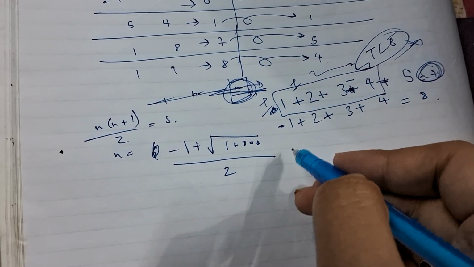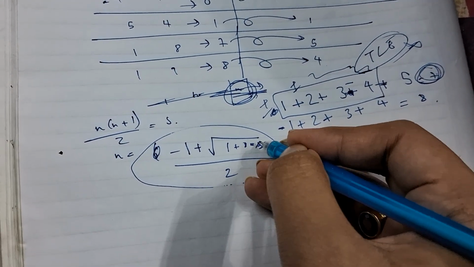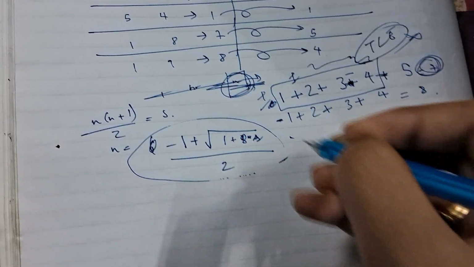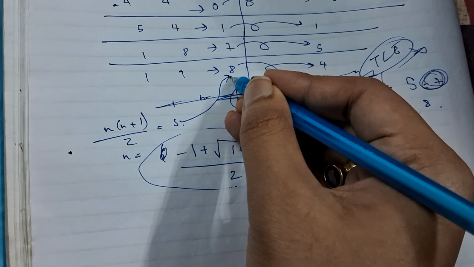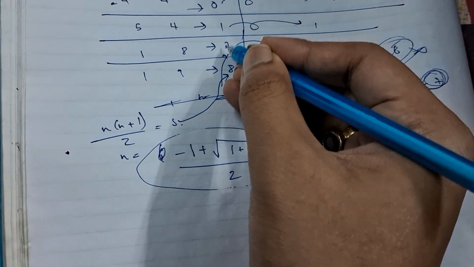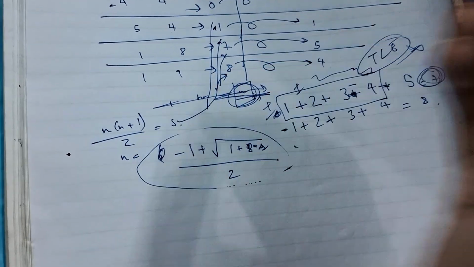This is what we can get from Sridhara Acharya's formula. So let me rewrite it. What is S? S is nothing but the difference, this thing, this thing, this thing. So this is basically S.